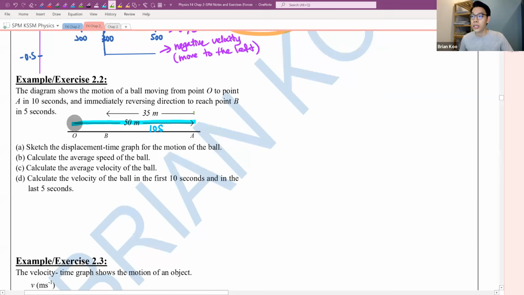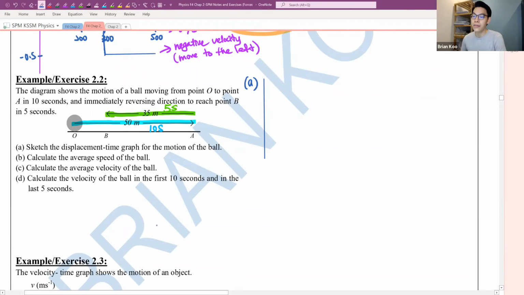So this motion, straight away reversing direction, takes 5 seconds. Sketch a displacement-time graph for the motion of the ball. All right, so displacement-time graph. Let's see. We draw a graph first.